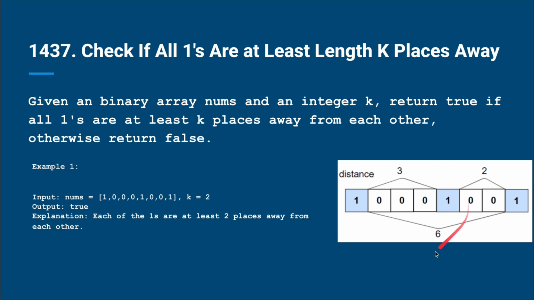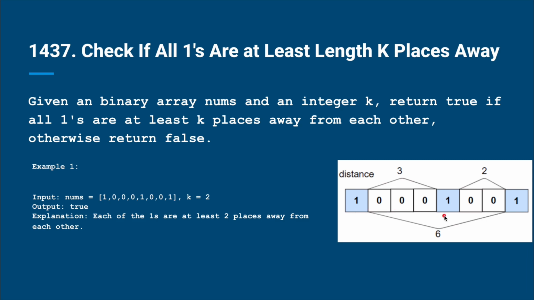Okay, this is what we have given in the example, so let's talk about this one, right? What it is saying is that all ones are at least k places away from each other. Let's suppose k we have given is 2, so this one and this one are different, right?